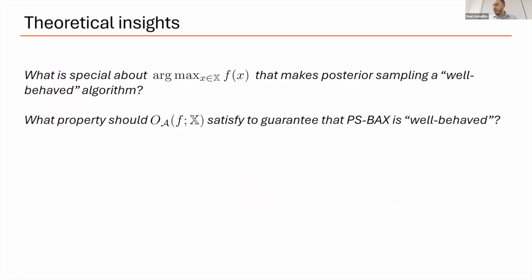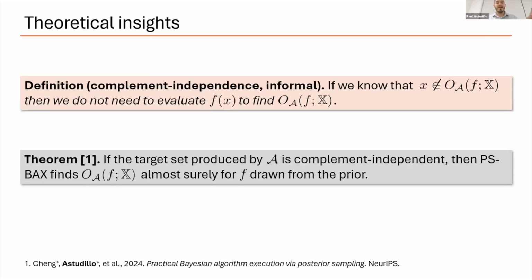I'm running out of time, but I just want to say something about the theoretical insights. One natural question is in which cases or what makes this algorithm suitable for estimating these target sets? It turns out that in principle, it's not an algorithm that you can apply all the time. But there is a notion that we introduced in the paper called complement independence.